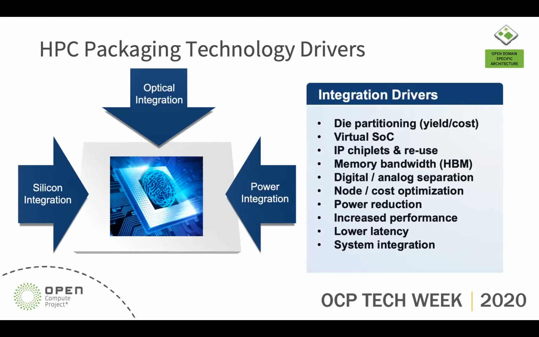ASC recognizes the industry's drive towards die partitioning and the growing need for the integration of heterogeneous silicon into virtual SoCs. This trend is driven by a variety of factors, including silicon cost and yield improvement, IP reuse, node and performance optimization, separation of digital and analog functionality, and increased performance and bandwidth, particularly as the IC developers continue to move to larger die sizes and more advanced process nodes.